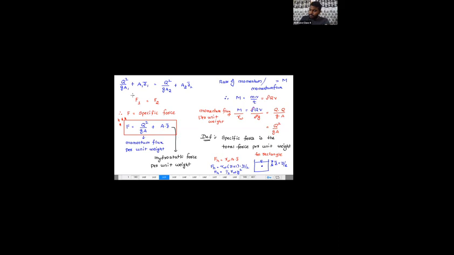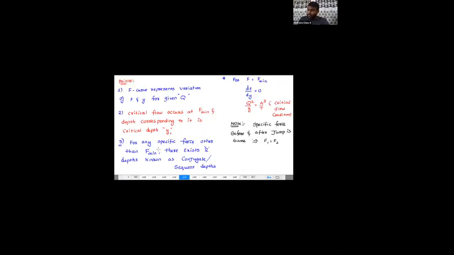Whatever the specific force before the jump and after the jump, both are the same. And for any specific force other than F minimum, there exist two depths at the same specific force, and those depths are the conjugate depths. So Y1 and Y2 are known as conjugate depths. That is the reason why I said the pre-jump depth and post-jump depth are conjugate depths.